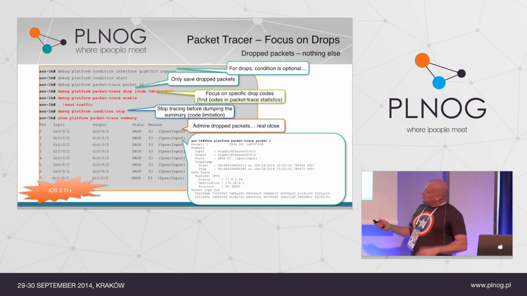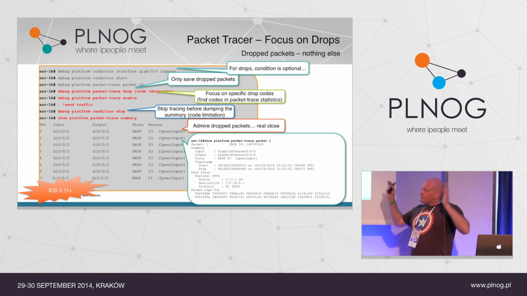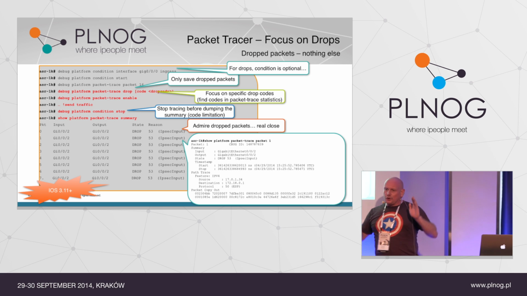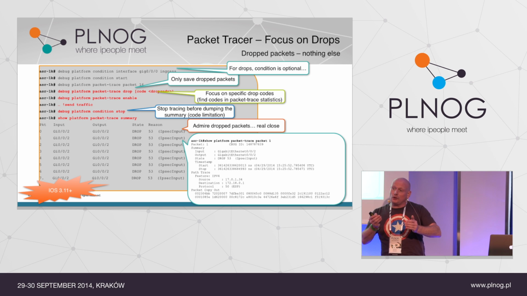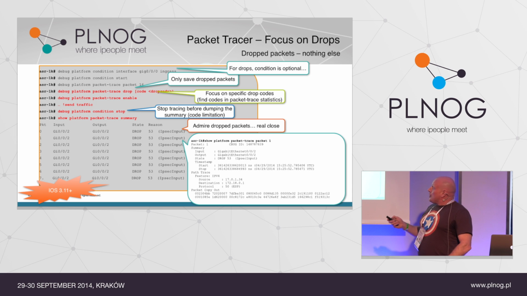Then you enable the thing, and due to some code constraint, we have to stop the condition prior to seeing the packets. That is a limitation that we currently have. But then you see that here, I'm just capturing all the dropped packets that use that drop code 53. And I can check all the packets.